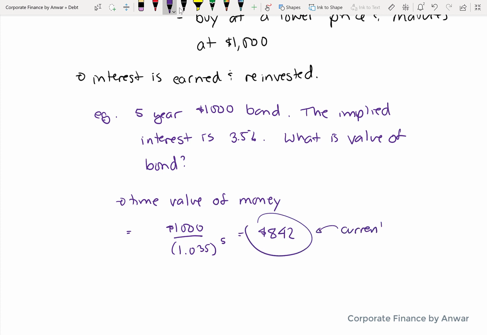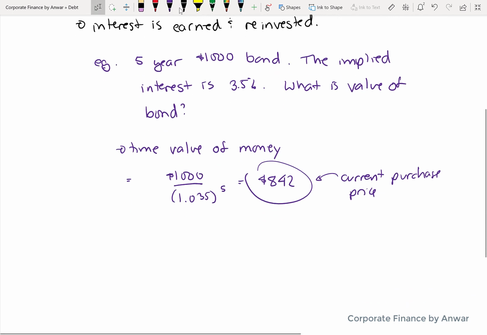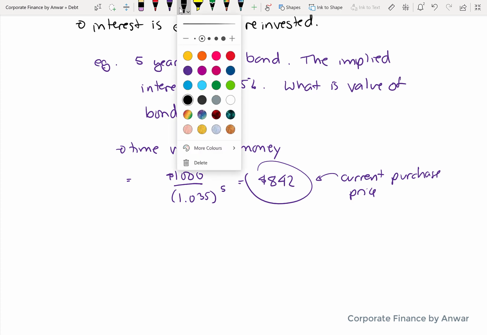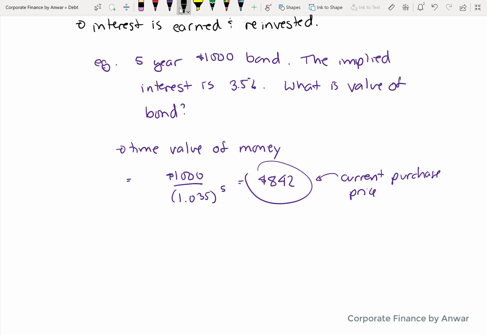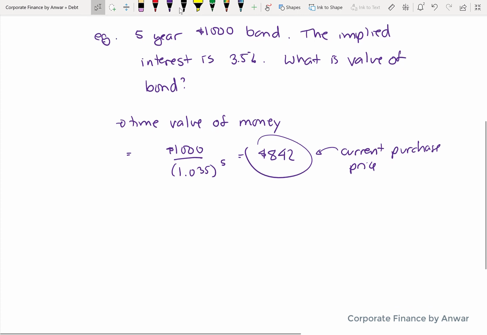So in this case, you would be paying $842 today, and the next cash flow would be 5 years from now when you'd get $1,000 back, and that should be theoretically equivalent to you getting 3.5% per year as an interest payment and having it reinvested throughout the life of the bond.